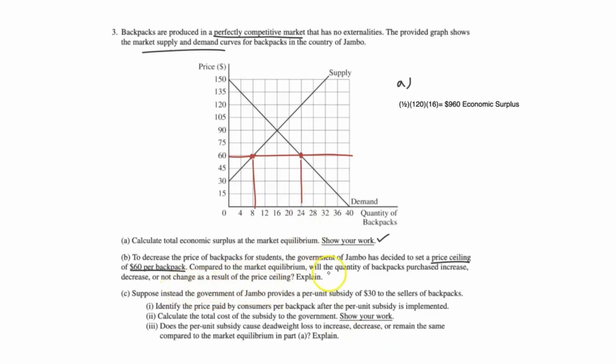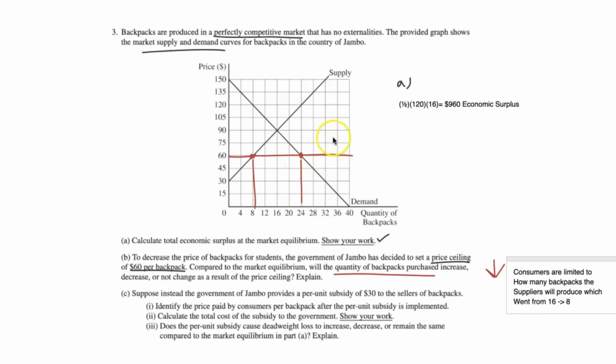And so down here, when it asks what will happen to the quantity of backpacks purchased, the quantity of backpacks purchased will decrease, because consumers are limited by how many backpacks the suppliers will produce, which went from 16 at equilibrium to 8. So that limits how much consumers can buy.